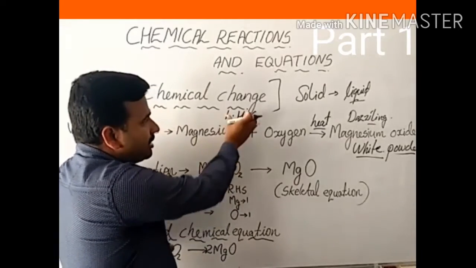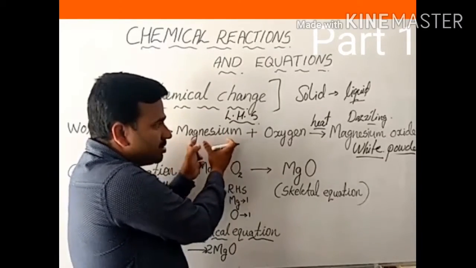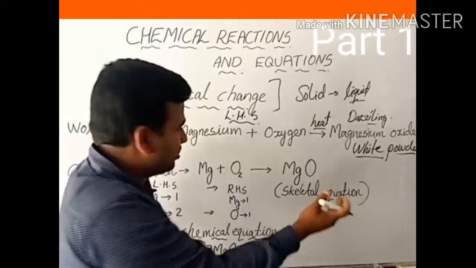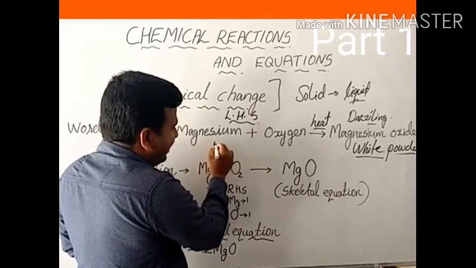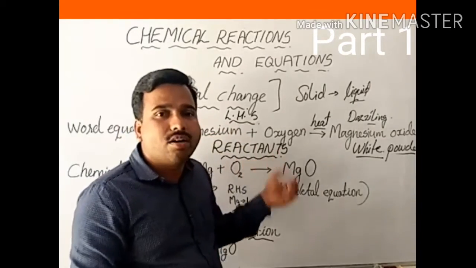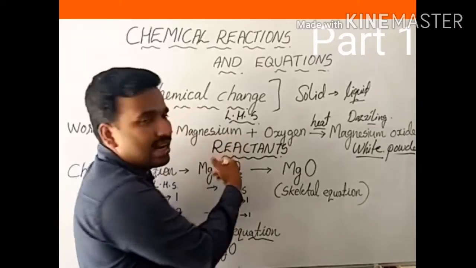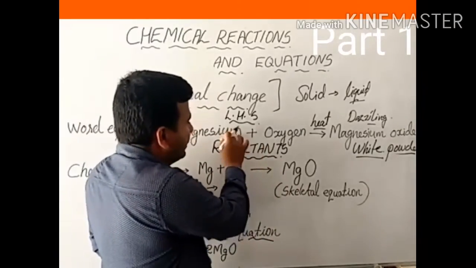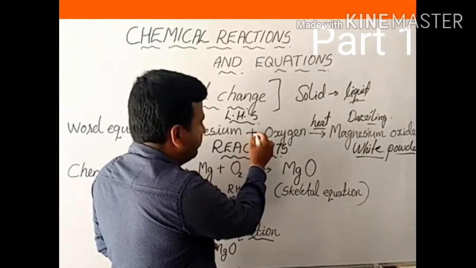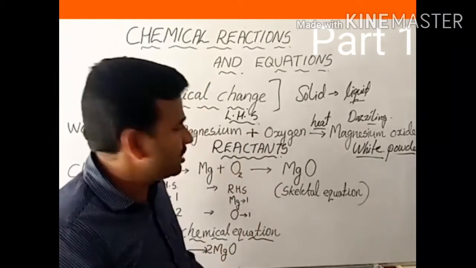What are the reactants, the substances which are combining so as to give a new product? These are called reactants, which are written towards the left hand side of an equation. If more than one element or compound is there, you will separate them with a plus sign.